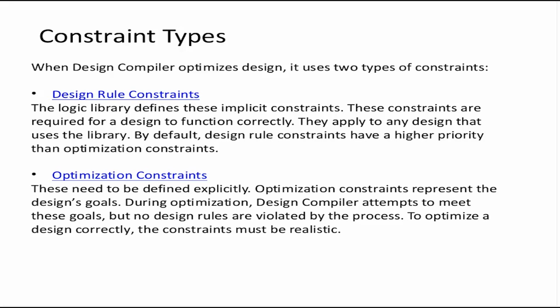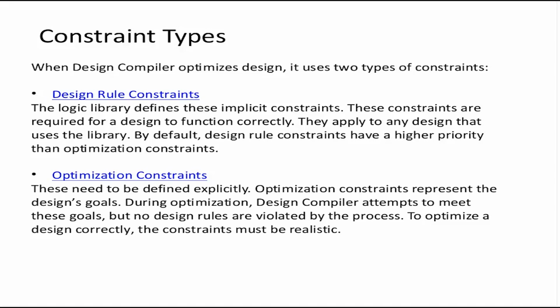Each cell, each macro, whether it be a standard cell or an analog macro, will define these implicit constraints for itself. It is a must to meet these constraints to make sure that the design functions correctly. Any design that uses a library will inherit these constraints, and by default they have a higher priority over other optimization constraints.